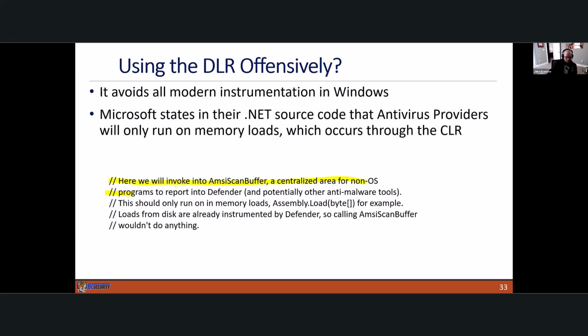This is the only place that currently the CLR has any security hooks in it. So when we load up our IronPython assembly, that gets sent to AMSI, but because it's just a language compiler, there's no way to just say IronPython is automatically malicious.